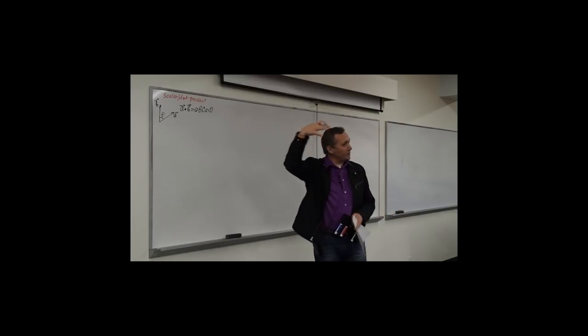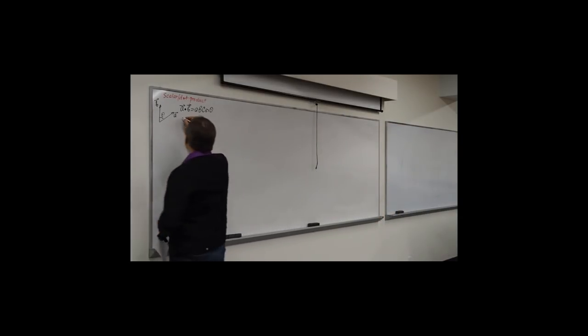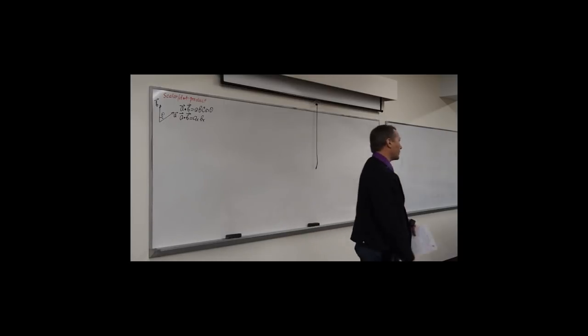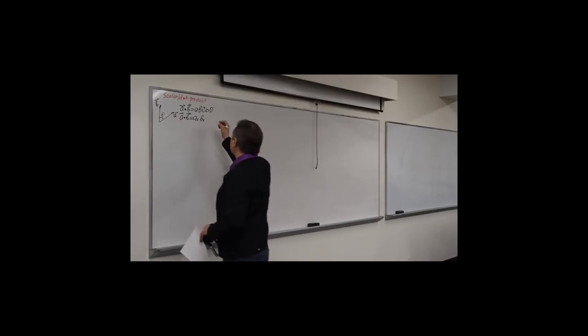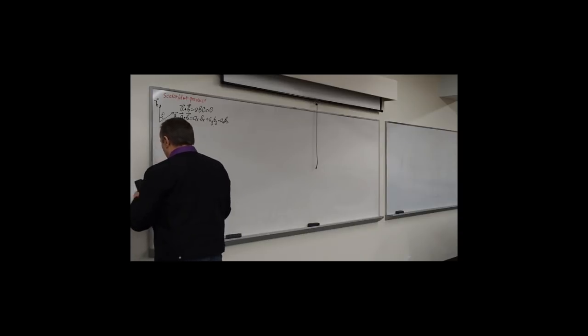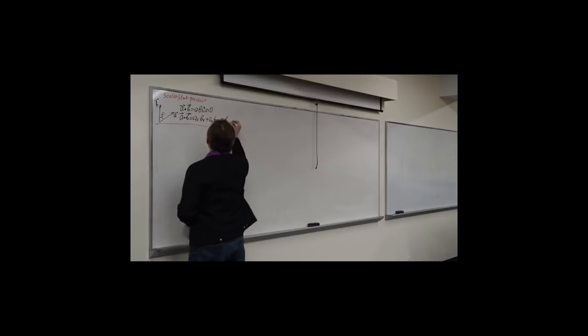Ax, Ay, Az, Bx, By, Bz. In that case, A dot B is Ax Bx. You just multiply corresponding components and add them up, right? You've done it already many times. Ay By, plus Az Bz.